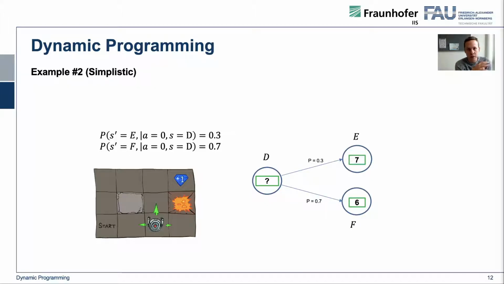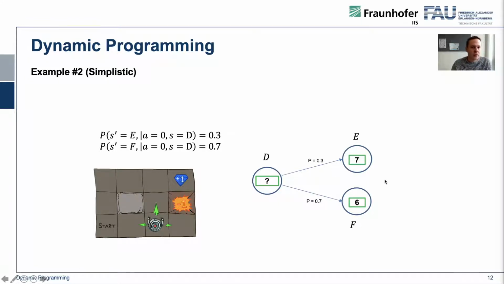This is the stochasticity we talked about in the last lecture. So assume that taking the same action A, there is a 30% chance, if you start in D and take action A, that we end up in E. And there is a 70% chance that we end up in state F.